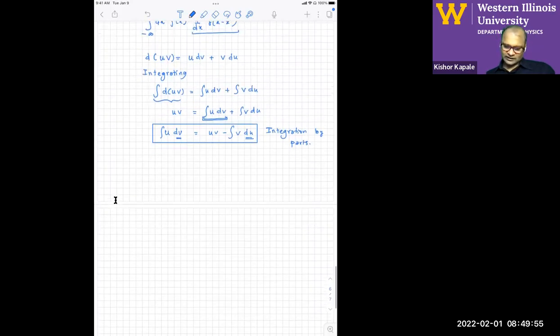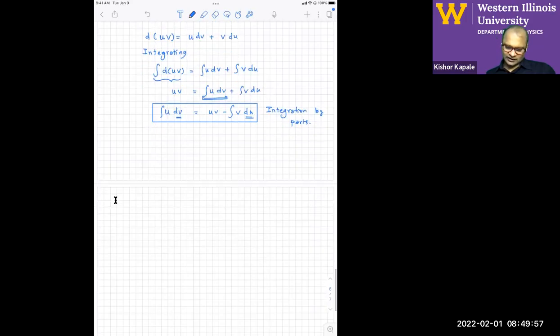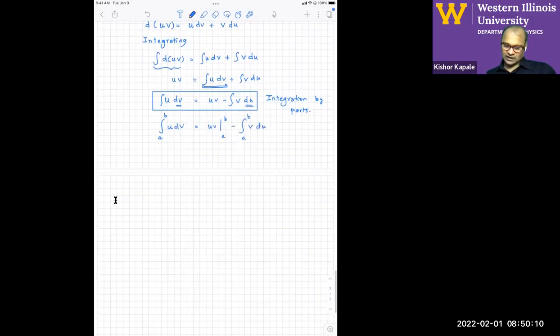And this is evaluated, of course, at the boundary. If you have a definite integral, let's say a to b u dv, then you evaluate uv at the boundaries minus the integral with the same limits v du. Okay, so that's how that process works. Let's put a box around this also.